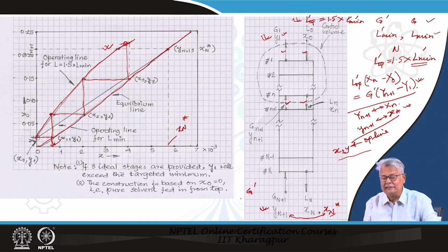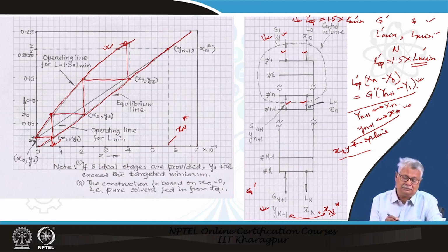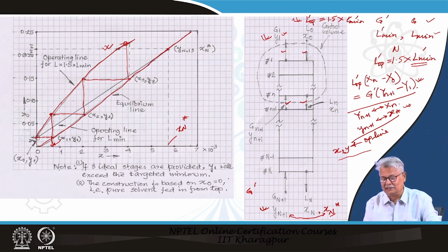So we can say this is a safe design with a very small amount of margin also. If we want to be exact, we will only say that we really do not require 3 stages, we do not require 4 stages, we require about 3.8. So with this we will move on, and this is how you find out.